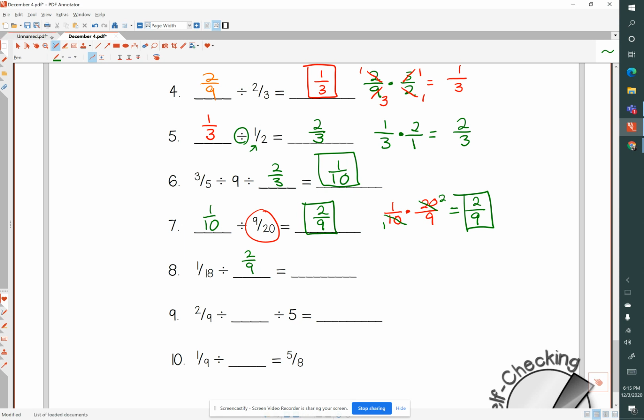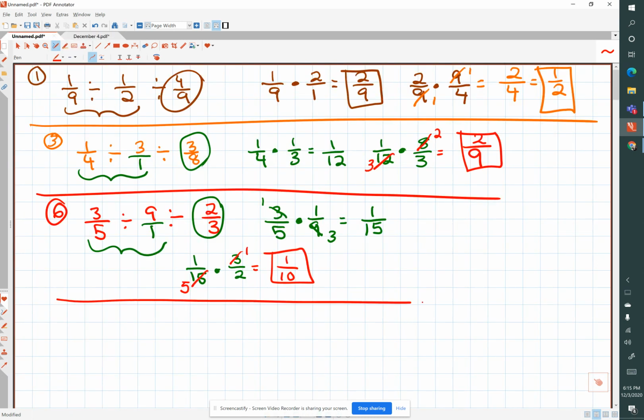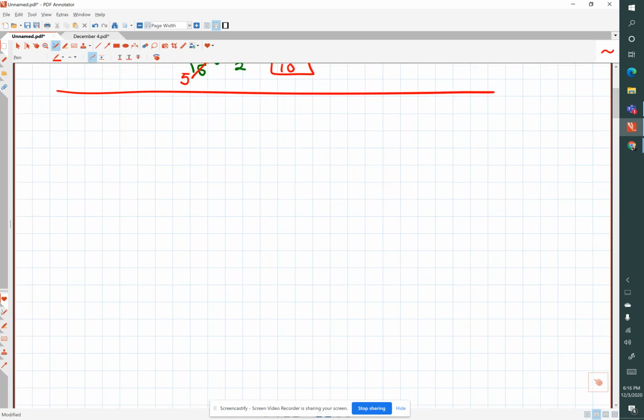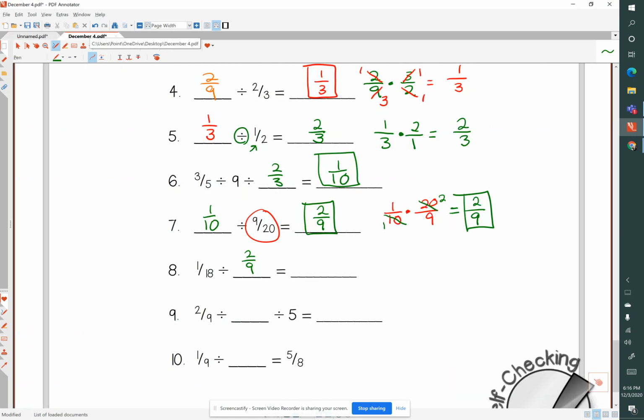And so now we're going to have... I don't think I need this separate page. I think I can do this on this page. 1/18, change the division to multiplication, and flip 2/9 to 9 divided by 2.